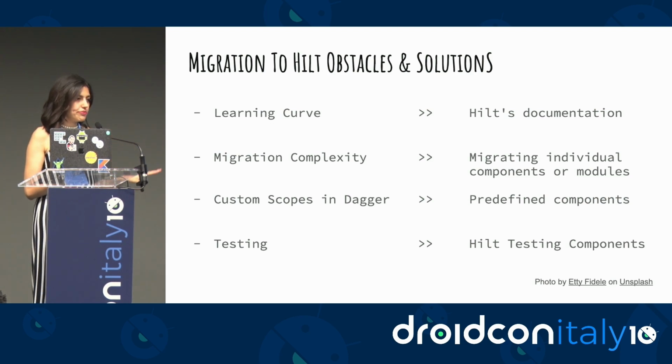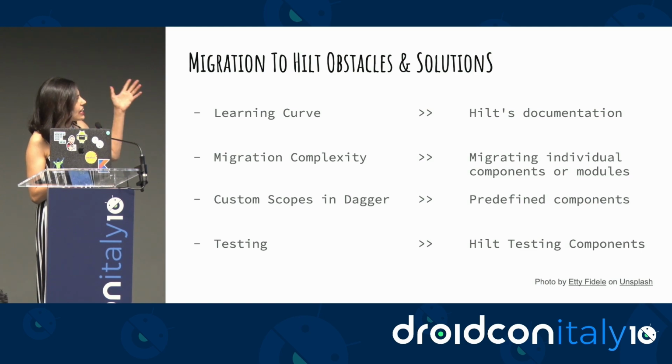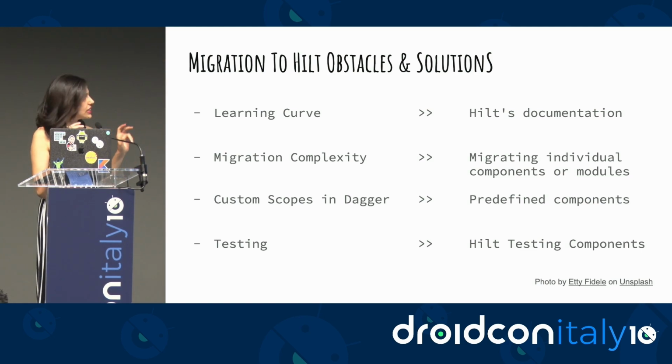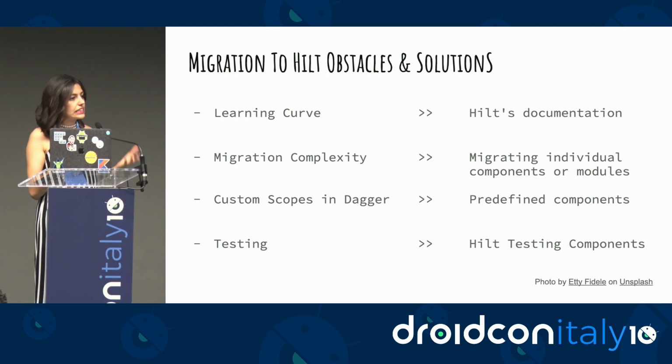About the learning curve, it is quite simple, but you will have to learn some new concepts, a lot of annotations, but I promise it's going to make your life easier. For that, you just have to read the Hilt documentation, which is very extensive, and you won't need to check anything else.